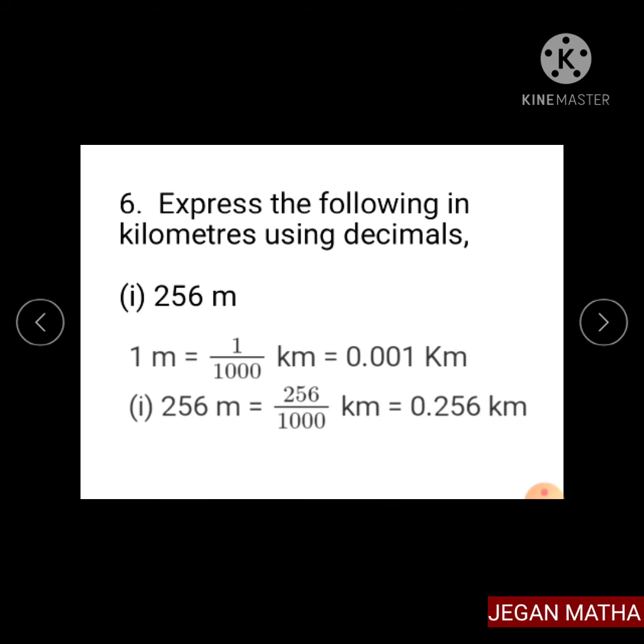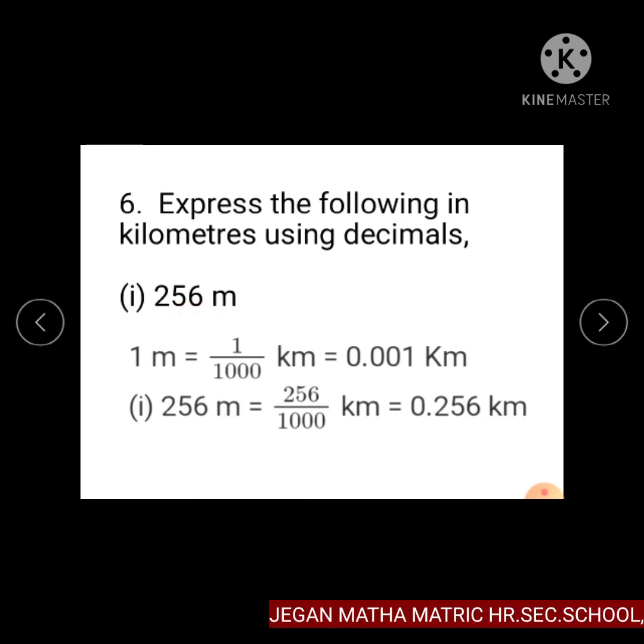We already know 1 meter equal to 1 by 1000 kilometer, which is equal to 0.001 kilometer. 256 meter equal to 256 by 1000 kilometer equal to 0.256 kilometer. So 256 meter is equal to 0.256 kilometer.